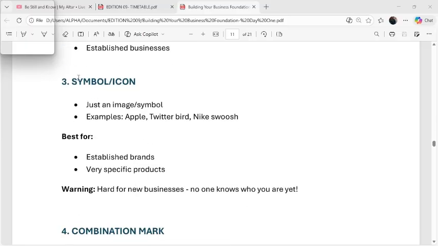Now, we can use a symbol or an icon, just an image symbol. For instance, when we are dealing with Apple, the Twitter bird, the Nike whoosh. So this one is also good for established brands and very specific products. Warning: it is hard for new businesses.